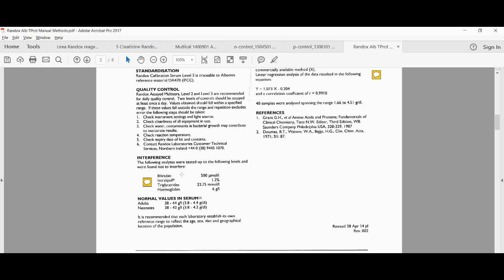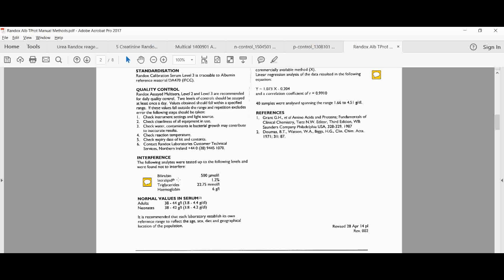So they found that high concentrations of that don't interfere with this method. And bilirubin gives an icteric color, a dark yellowish color, a very intense yellowish color. So that color doesn't interfere with this method.